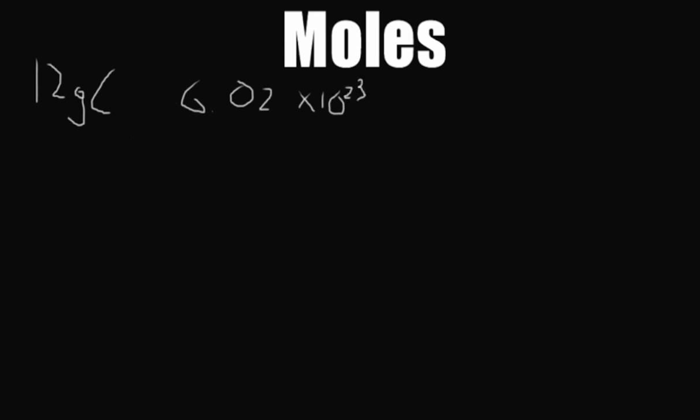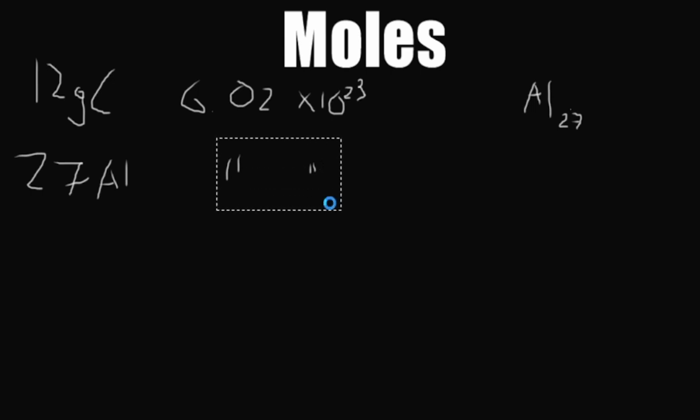So if this is the case, then I can also say that for an element like aluminum, which has a relative atomic mass of 27, 27 grams of aluminum contains the same amount of atoms. But why is this? Let's take a look at carbon.